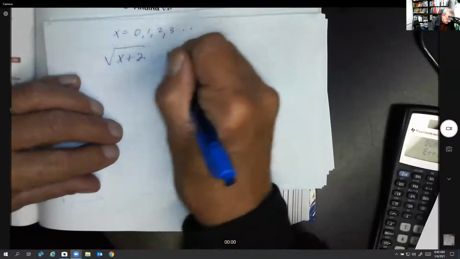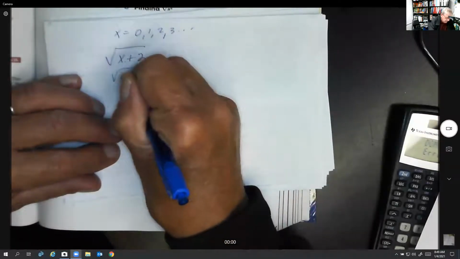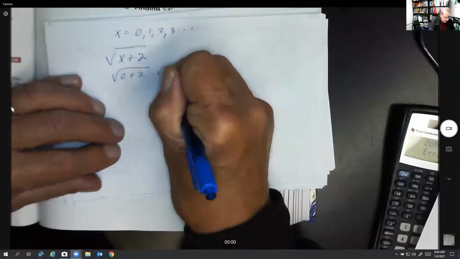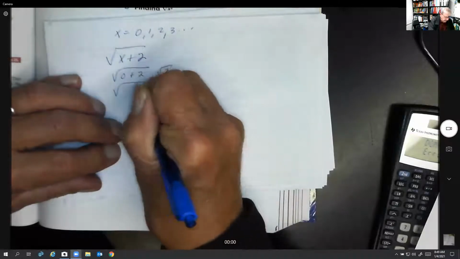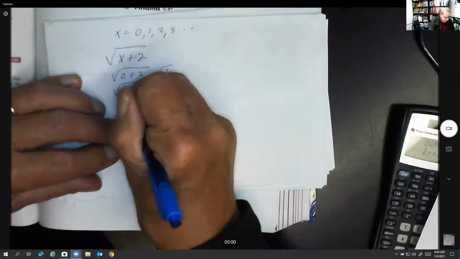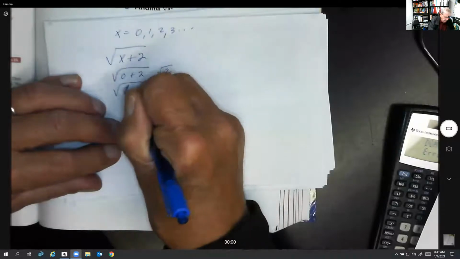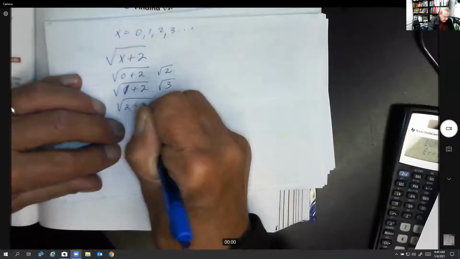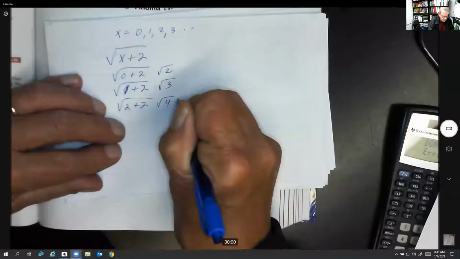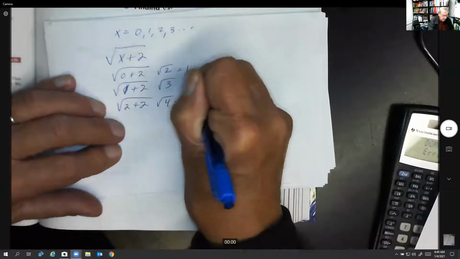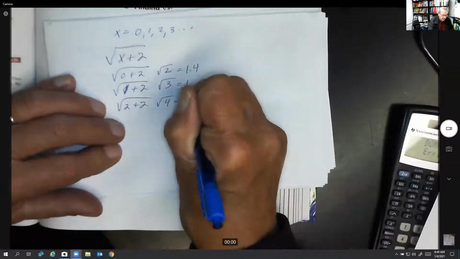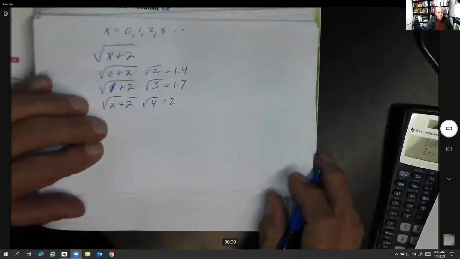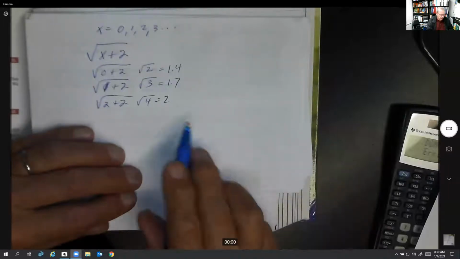So if we put in a 0, we've got the square root of 2. If we put in a 1, we've got the square root of 3. If we put in a 2, we get the square root of 4, which is 2. This is going to be 1.4, just one decimal place. This is going to be 1.7 if you look them up on the calculator.